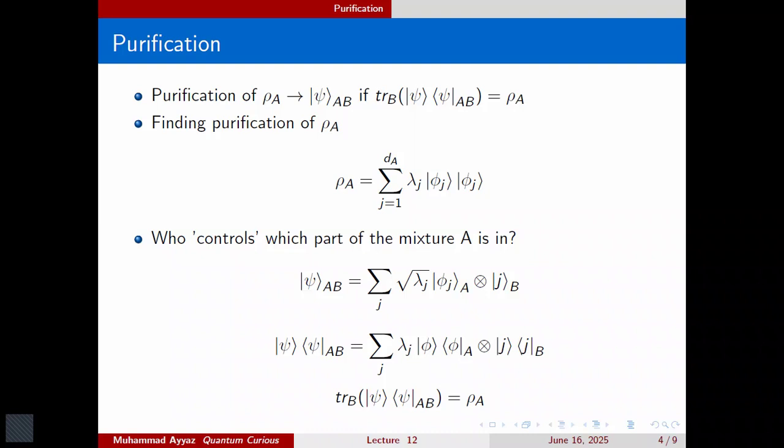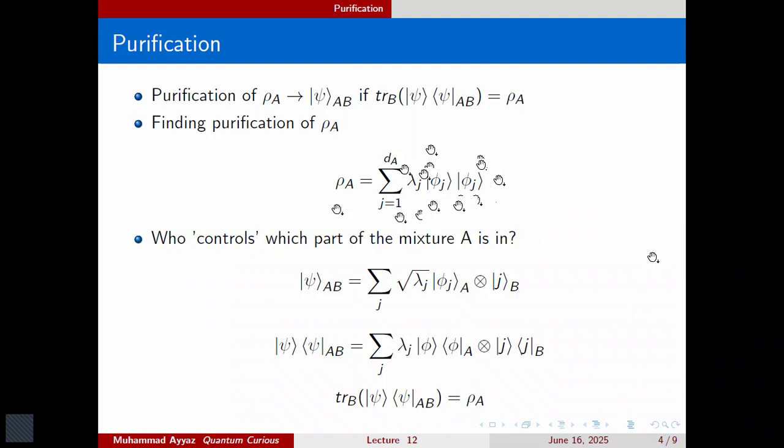Consider we have a purification of rho A, given in the spectral decomposition. There is a typo here, because it should have the outer product form.